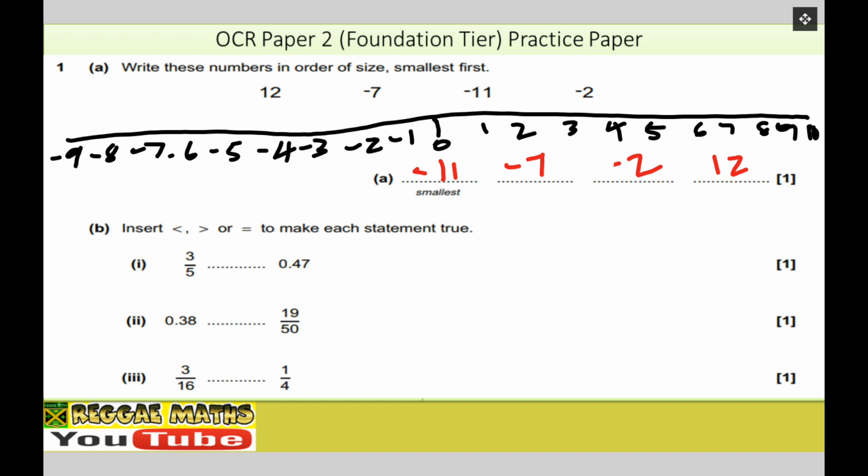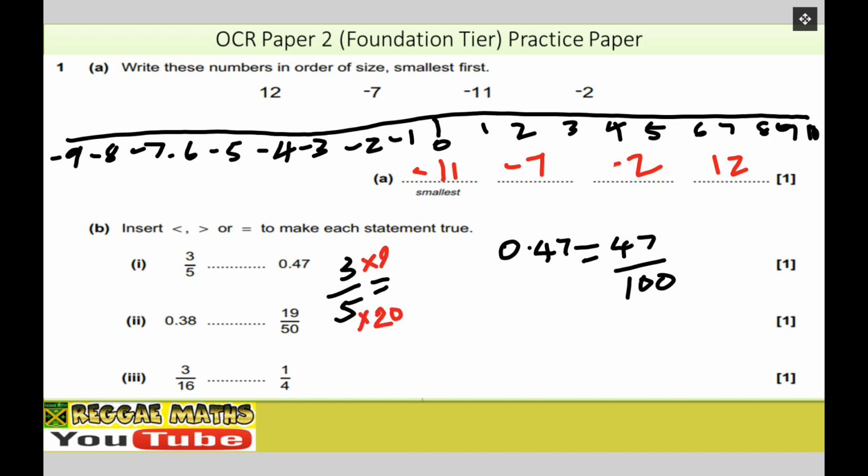The best way to look at this is to say 0.47 can be written as 47 over 100. 3/5: what do I need to times 5 by to get 100?